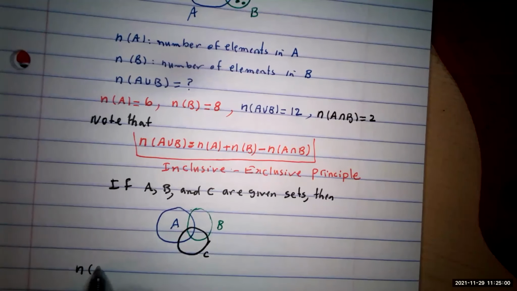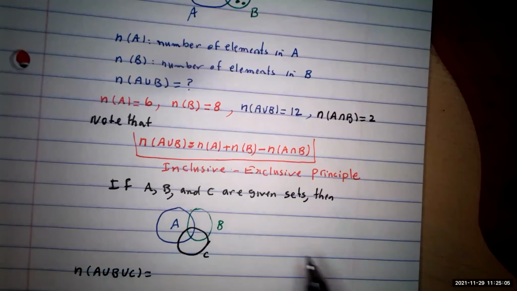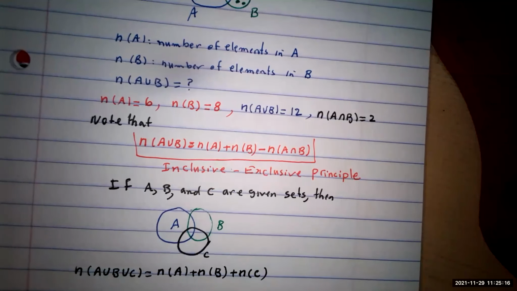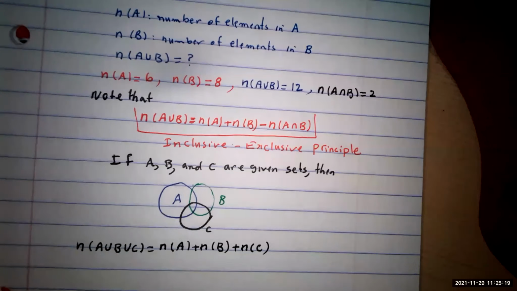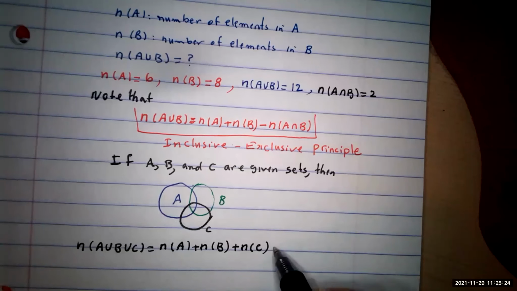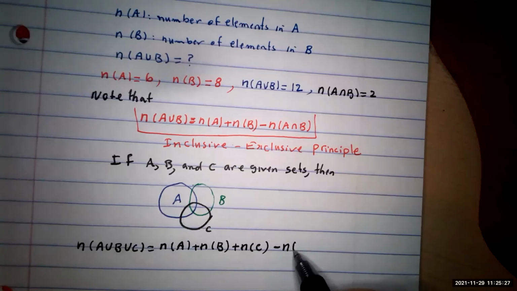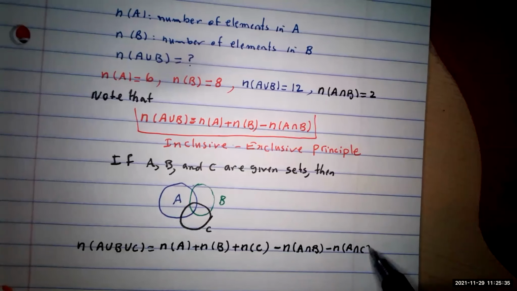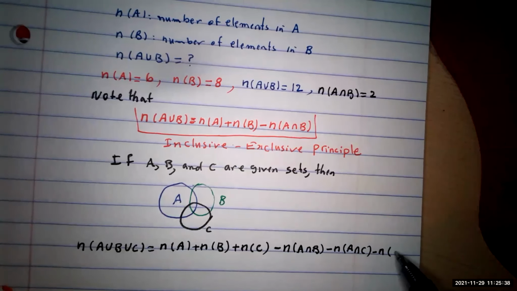The total number in A union B union C is the members in each set: n of A plus n of B plus n of C. Then you have to exclude those intersections, the 2 by 2 intersections: minus n of A intersect B, minus n of A intersect C, minus n of B intersect C.